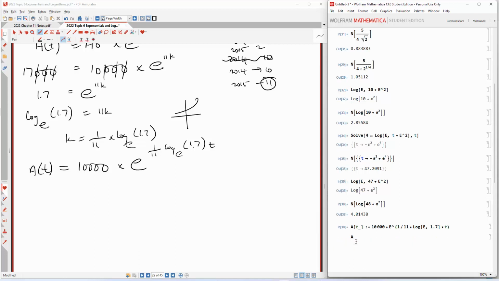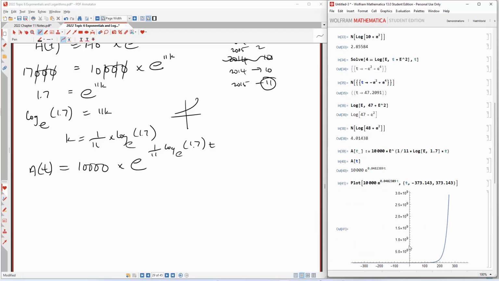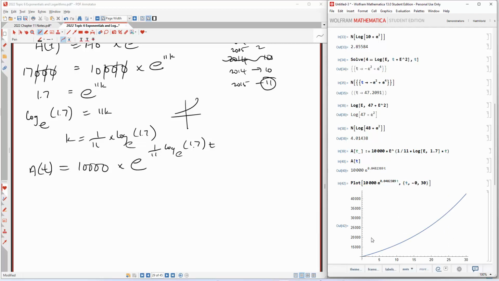I like to have a look at the graph. Yeah, it sort of makes sense. Let's shrink the domain a bit, 0 to 30 years maybe. So we've got this exponential growth, which makes sense.